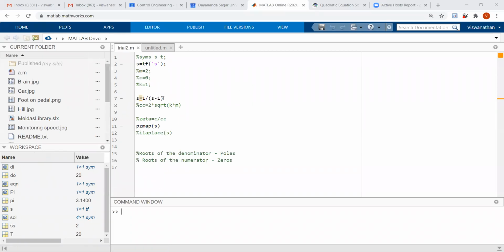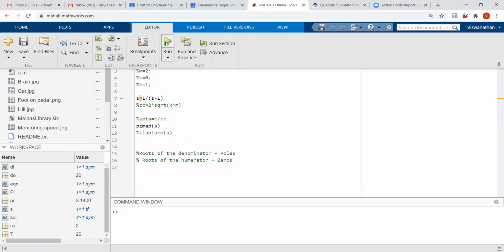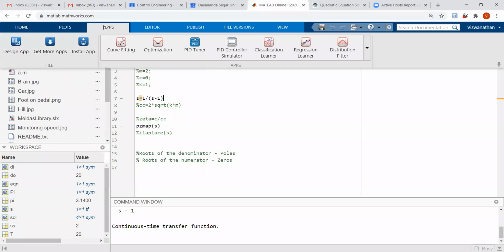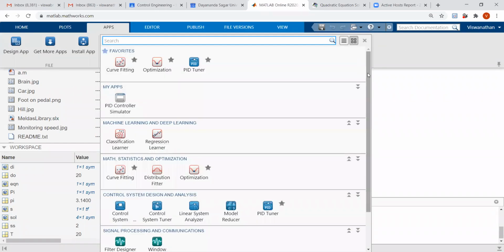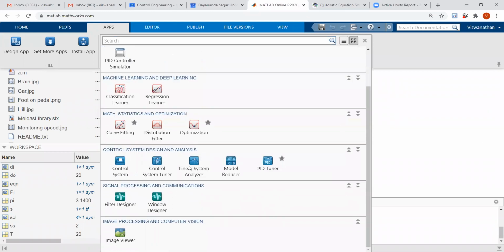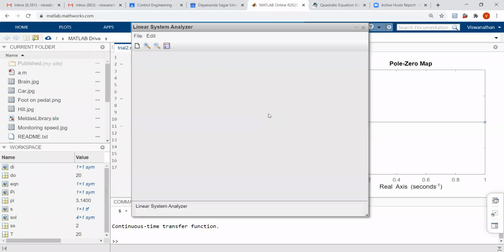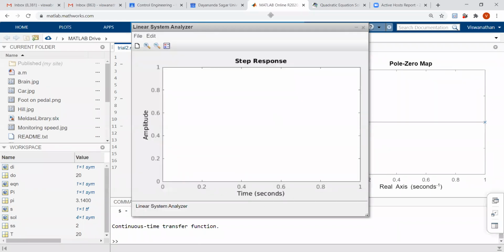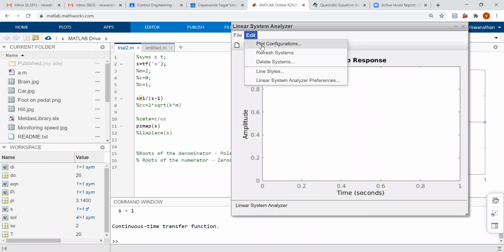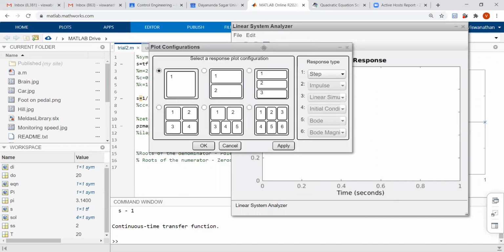So here I have 1 divided by s minus 1 first. So I'll just run this. Then go to the apps, linear system analyzer. And then take the plot configurations.